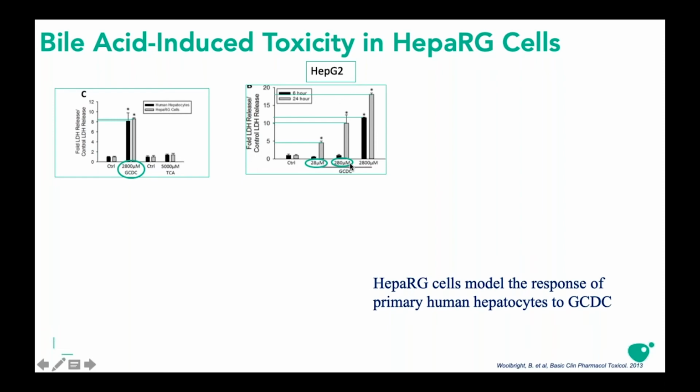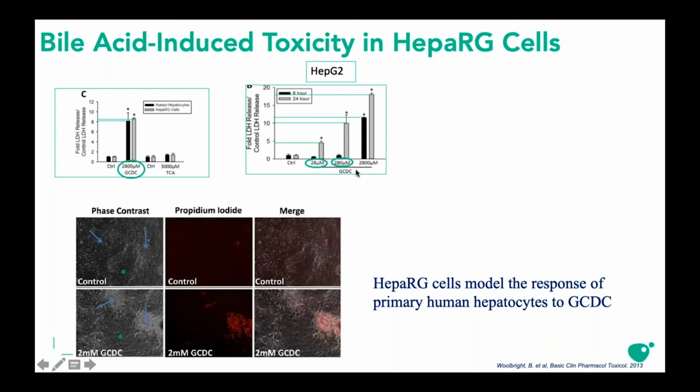Noticeably, when toxicity was assessed by propidium iodide uptake in HepaRG cells, GCDC appeared to be cytotoxic to hepatocytes only and not to primitive biliary cells, which lack bile acid uptake transporters.